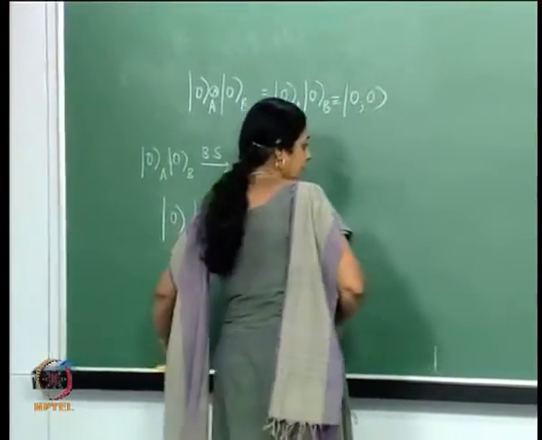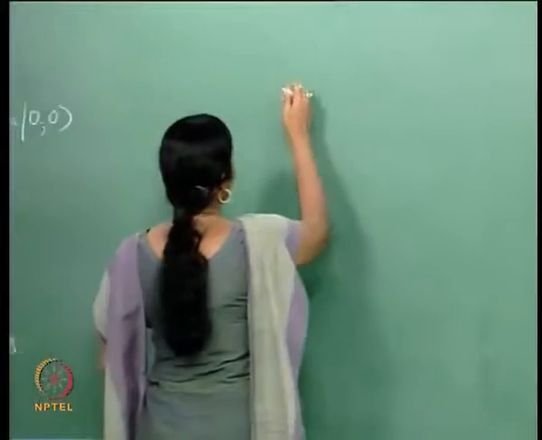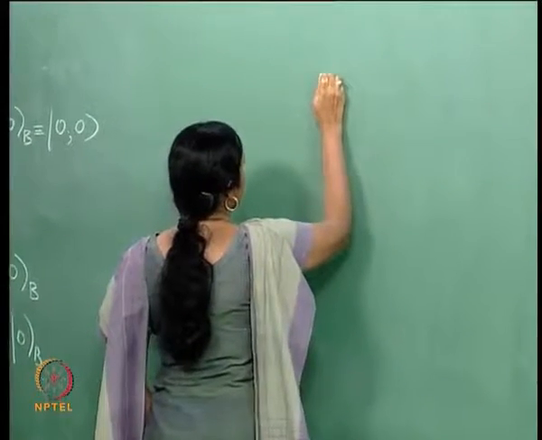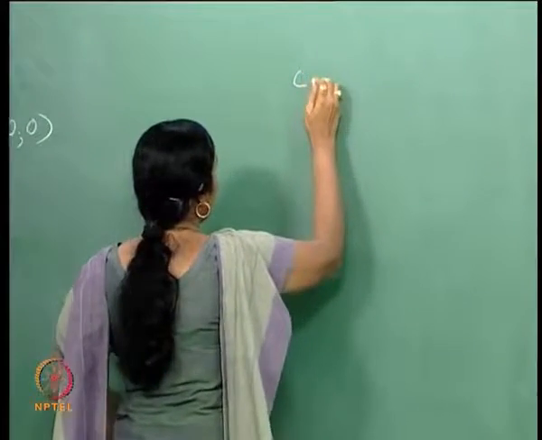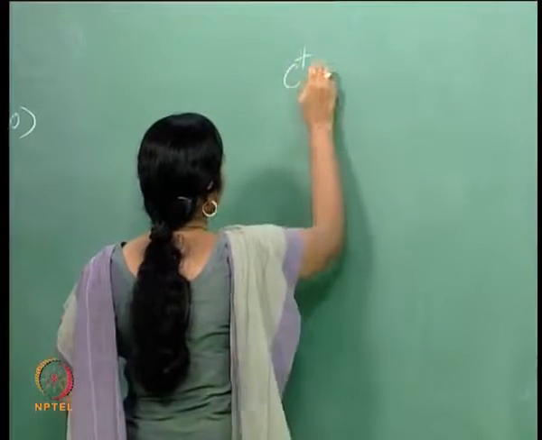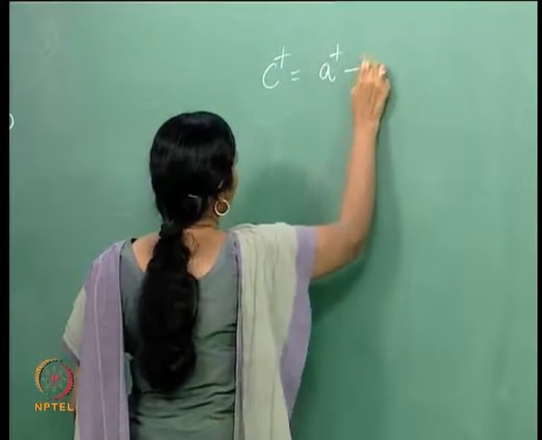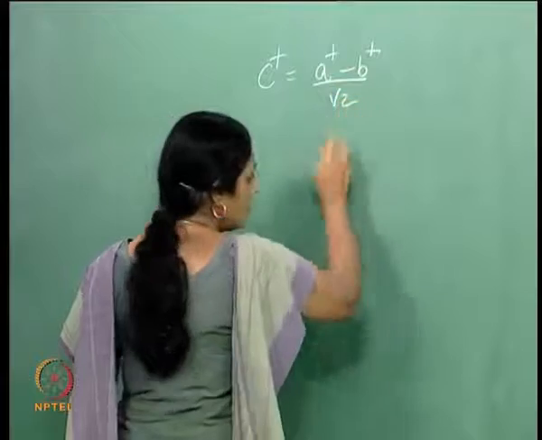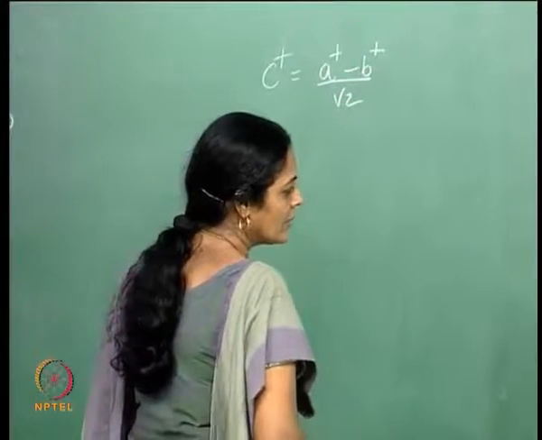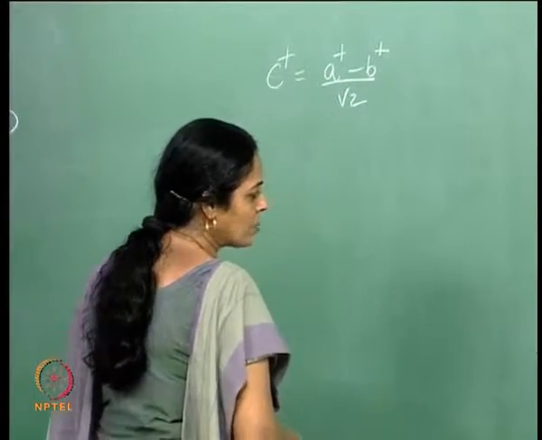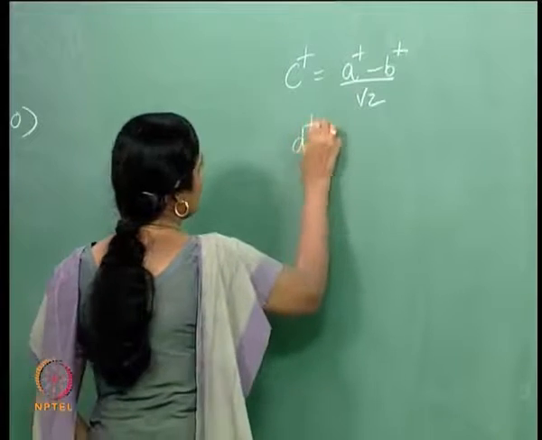So I have C dagger is A dagger minus B dagger by root 2, and D dagger is A dagger plus B dagger by root 2.